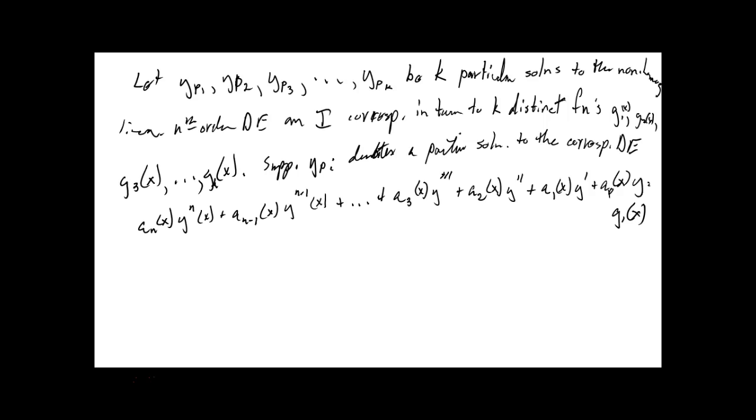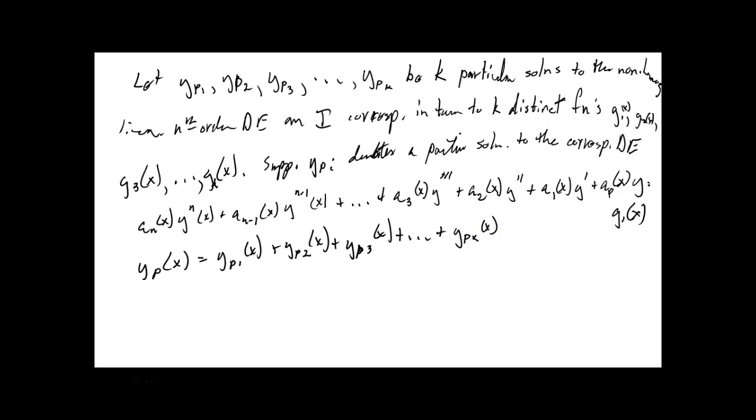Now, with that in place, your y sub p of x will be, it's not a linear combination, it's just a combination of y sub p1 of x plus y sub p2 of x plus y sub p3 of x plus dot dot dot all the way up to and including y sub p k of x.